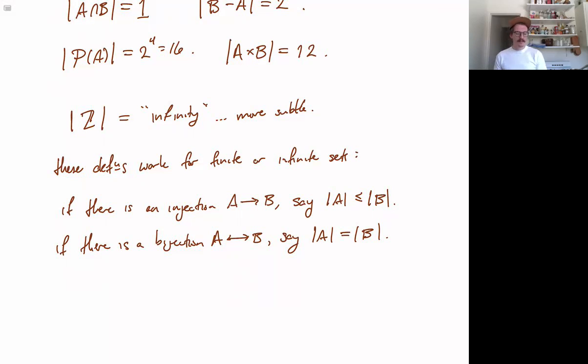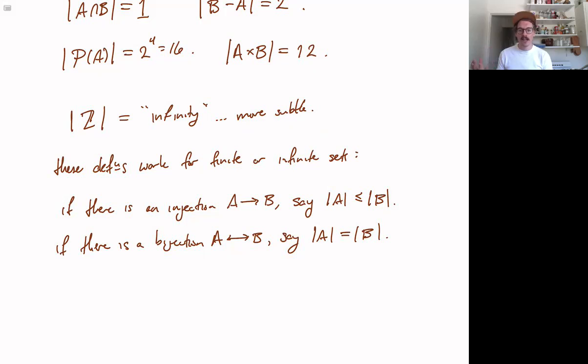Another way of saying that is that the elements of A and the elements of B are put in a perfect correspondence. So every one on one side corresponds to a one on the other side. And this makes sense to say that these sets are the same size, because this function basically gives you a way of matching them up.